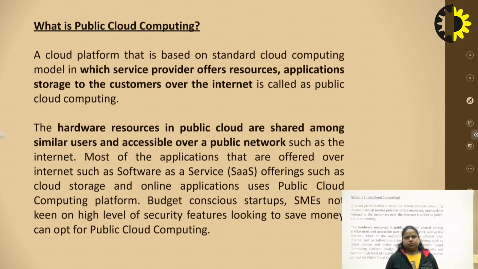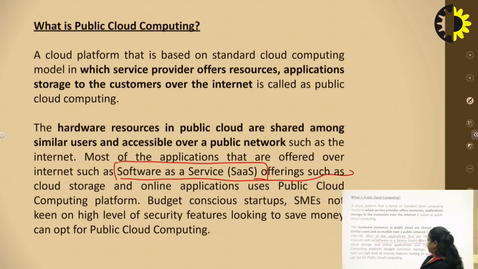The hardware resources in the public cloud are shared among similar users, and can be accessed publicly by any user over the internet. Most of the applications offered on the internet are software as a service, which you can use as software.